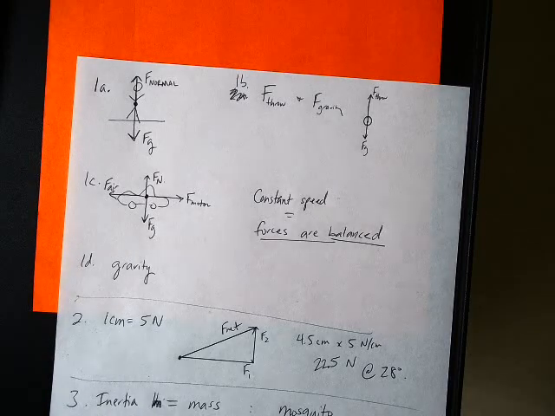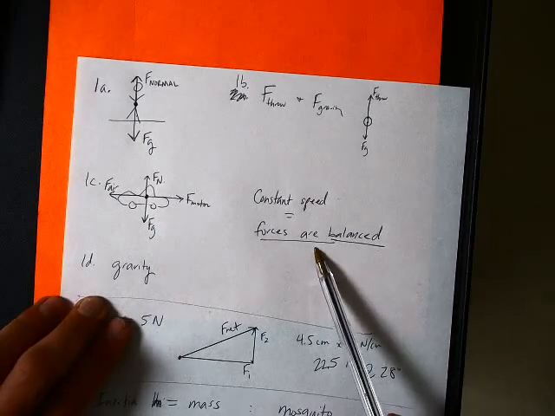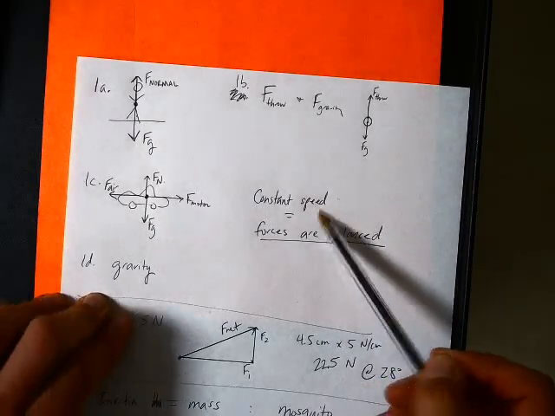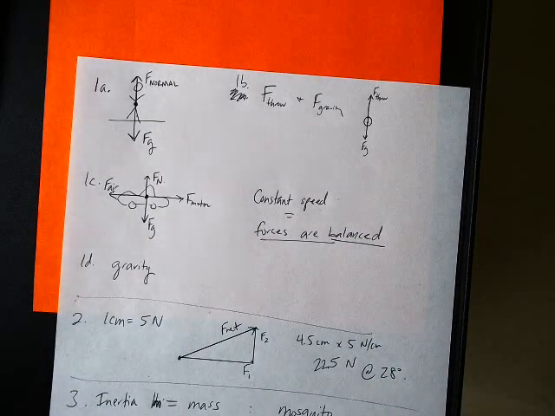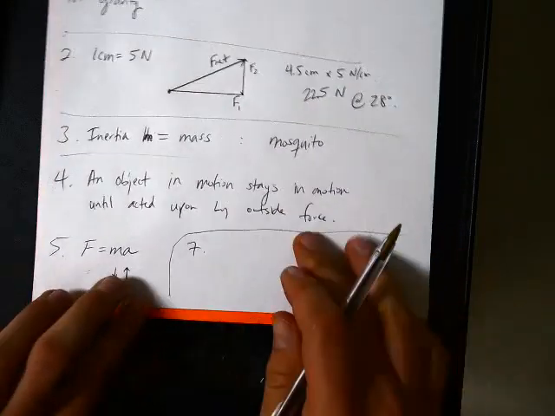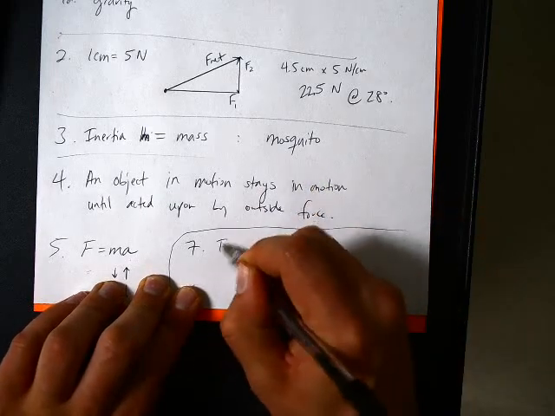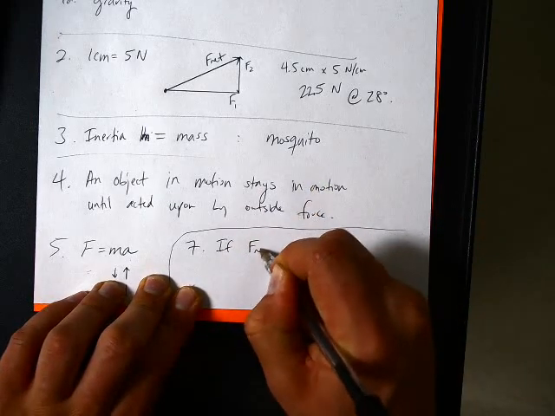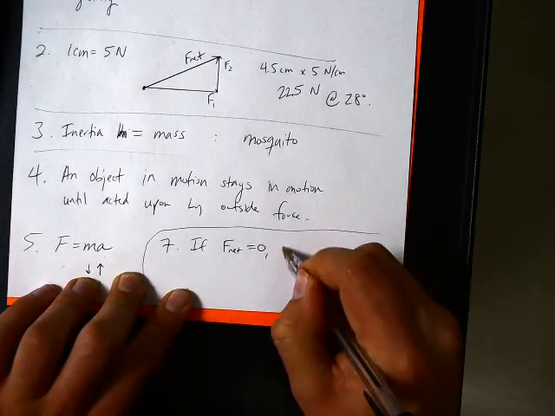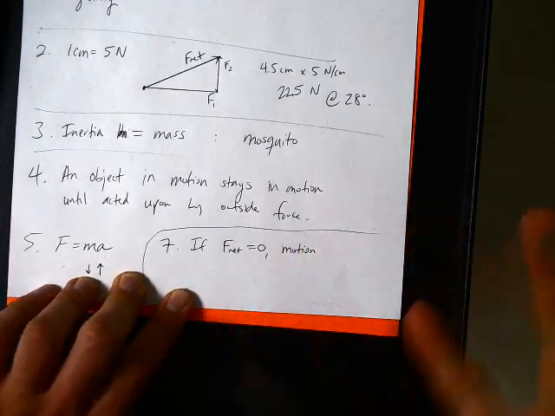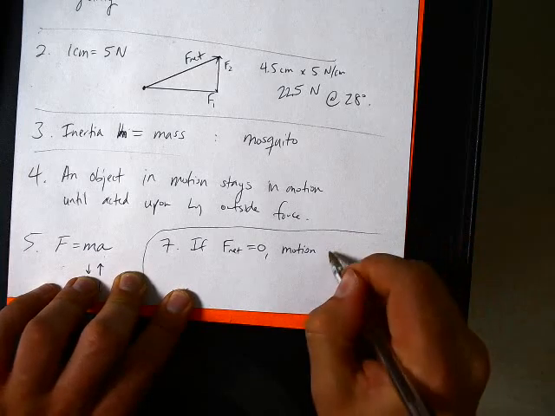So what happens if the net force is 0? Forces are balanced, constant speed, or if it's not moving, it's not going to move at all. So how we typically phrase that, there's 2 ways. So if the net force is 0, then the motion, whatever its motion is right now, does not change.